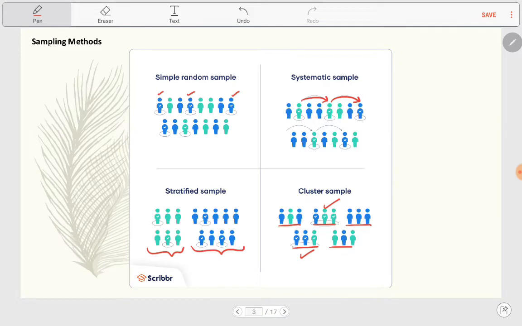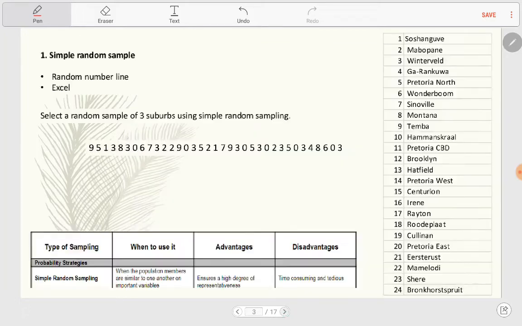And now what you're going to do once you've identified these groups, the groups are called strata. These groups now, what you're going to need to do is then do a random selection within the group. So this will ensure that you get a little bit of each characteristic. So you get some green and you'll get some blue. Okay? So let's now look at them in a bit more detail.